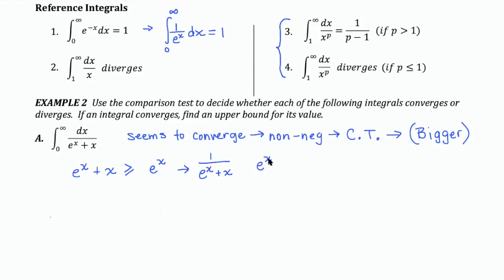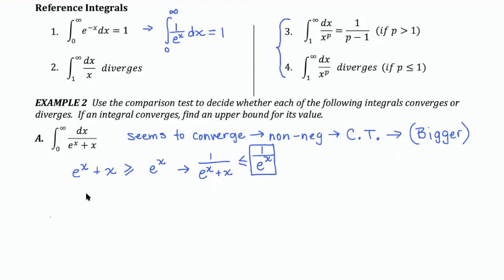If you compare these two fractions now, the one on the left is going to have a bigger denominator, so we're dividing by a bigger number, which will cause that overall fraction to be smaller. So at this point, I've shown that this function is bigger than the one that I wanted to compare it to. So again, that's good news if I'm trying to show convergence.